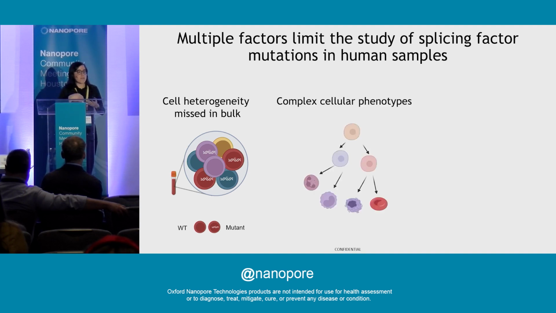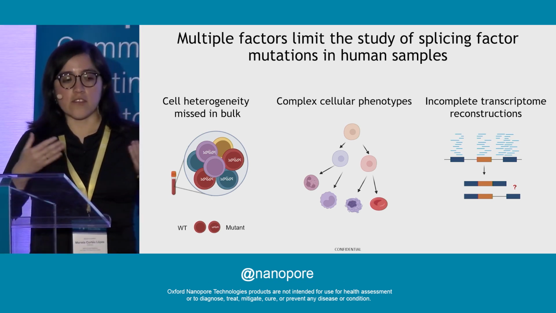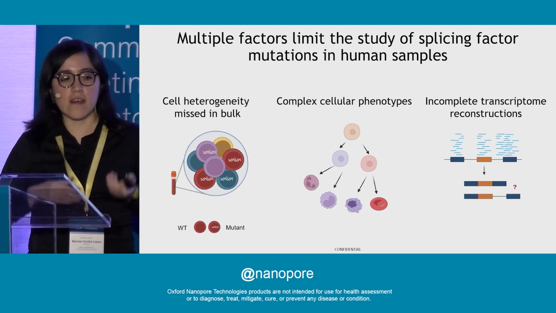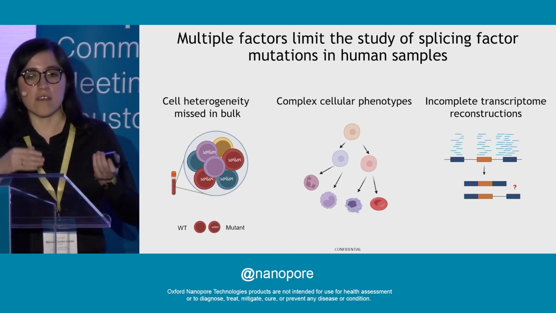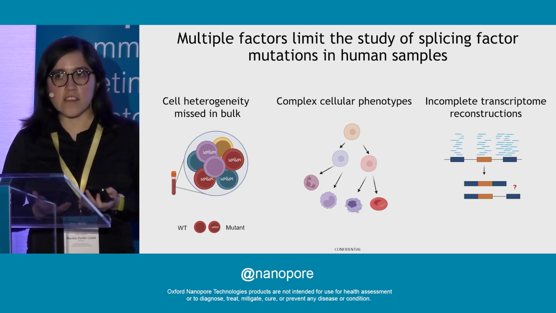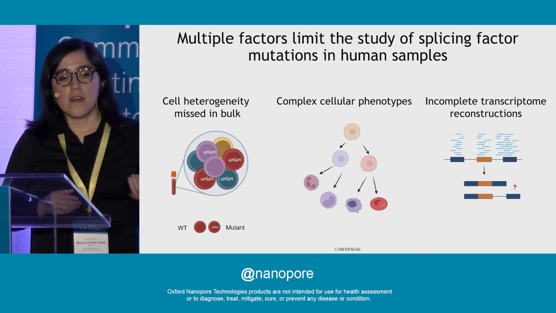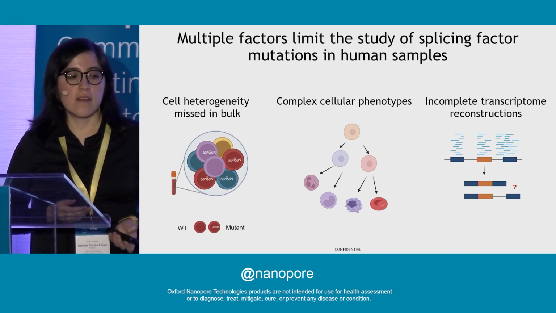But also, it doesn't let us look at these complex phenotypes, these different cell types that we can observe in blood. Moreover, perhaps more interesting for this crowd, even when we go to single cell, we still rely very much on the transcriptome done with short-read sequencing, which doesn't help us to reconstruct properly the isoforms that we can observe in the patients.